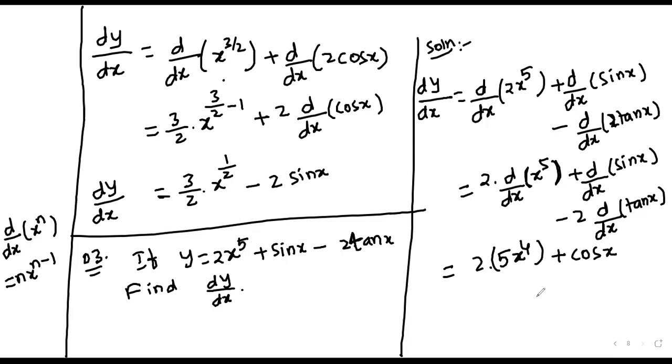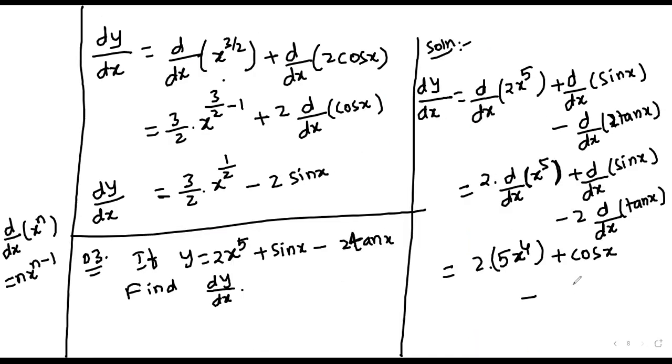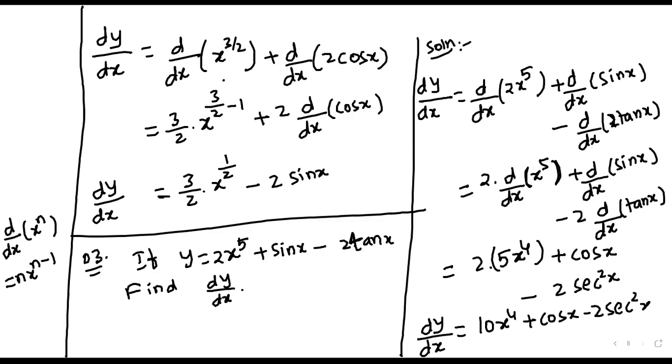D by dx of tan x means secant square x. You can see the third formula. So it is minus 2 secant square x. So finally, dy by dx is equal to 10 x power 4 plus cos x minus 2 secant square x. Okay? Is it fine? Yes, sir. Write down.